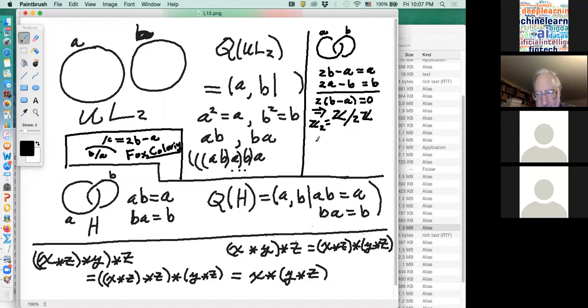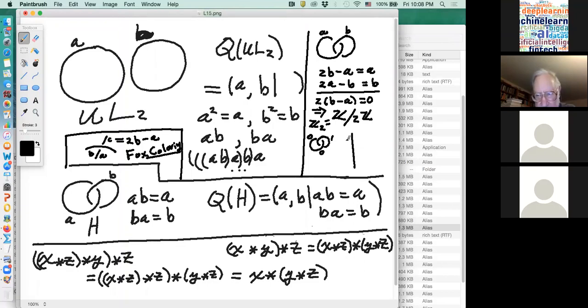And in fact, if we were to do the coloring, I'm going to run out of space here. I might call this one 0 and this one 1, and then 2 times 1 minus 0 is 0. And 2 times 0 minus 1 is minus 1, but minus 1 equals plus 1 in z mod 2z. So this is a non-trivial coloring of that link.